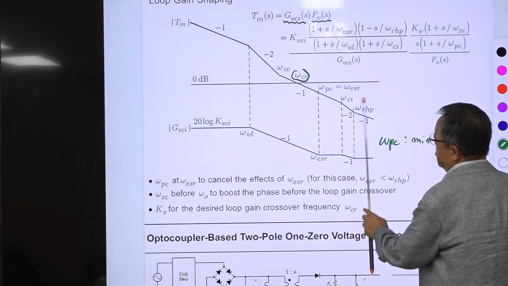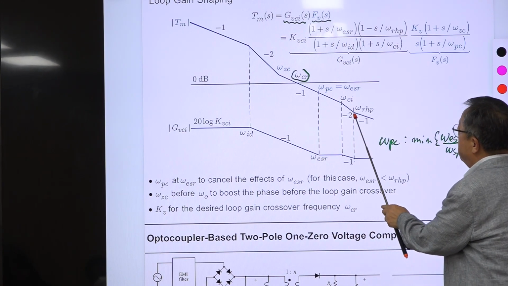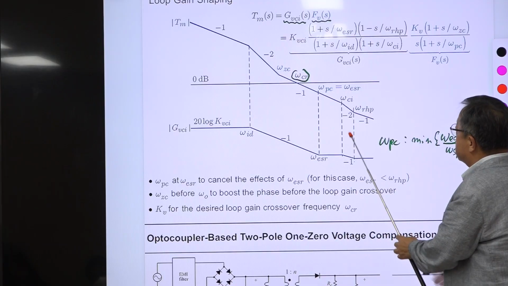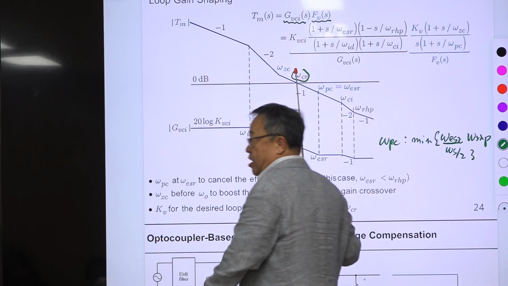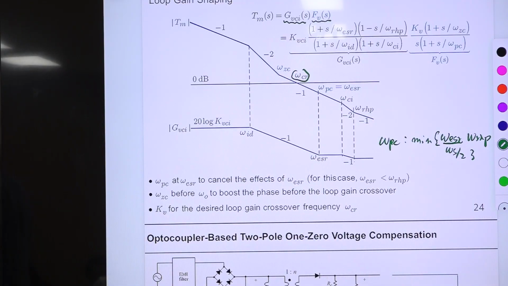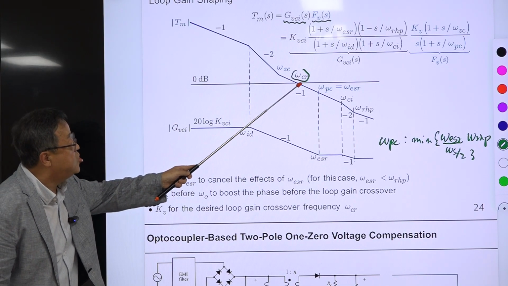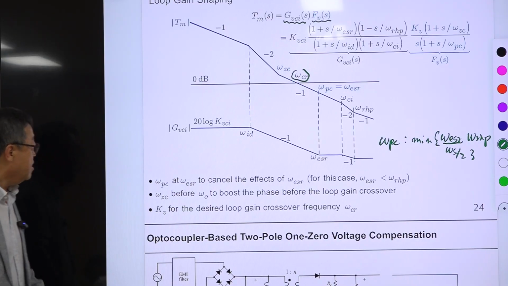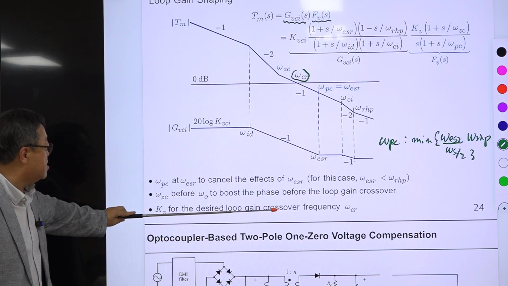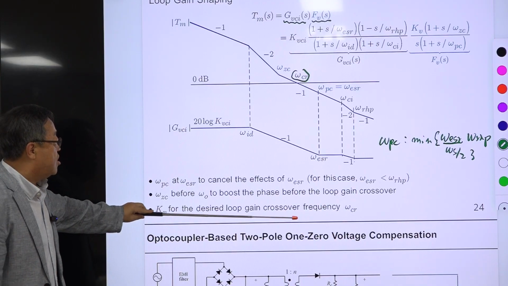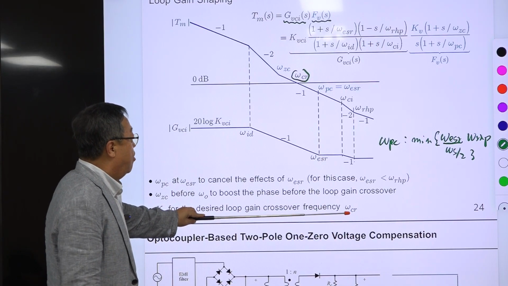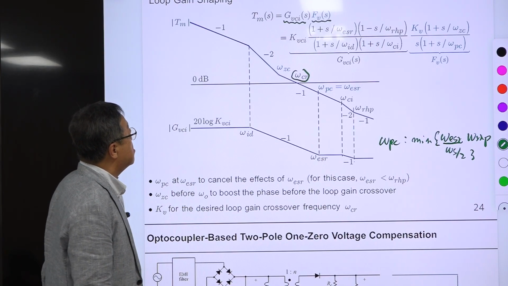So there is a pole, and this is 0, but phase-wise, this is the pole. So somewhere here, okay? I'll tell you how to determine this later, but you should select this minus slope region somewhere here, okay? So KB is selected for the desired frequency of omega CR.